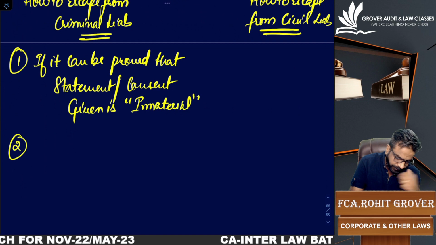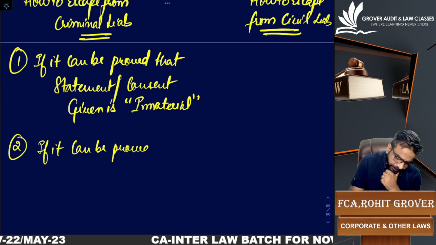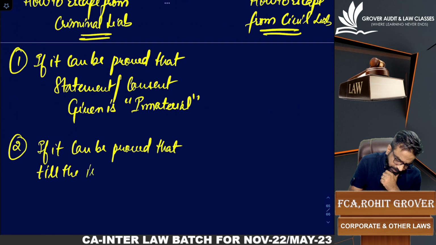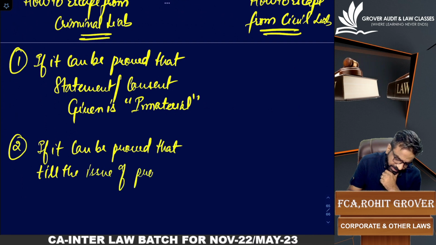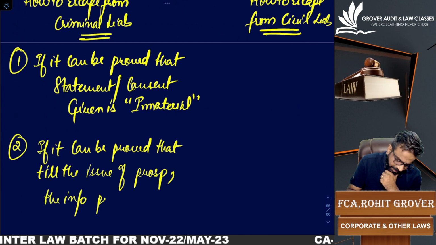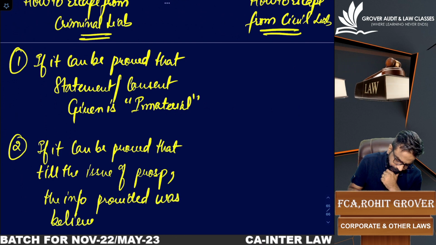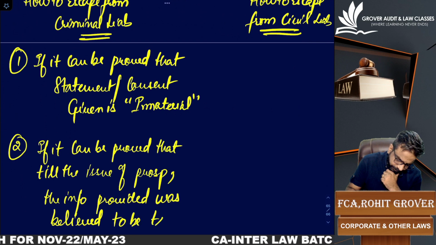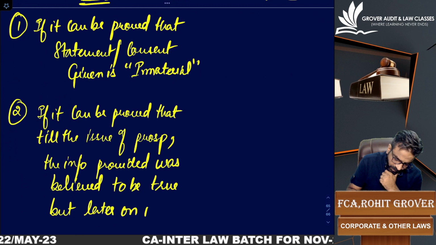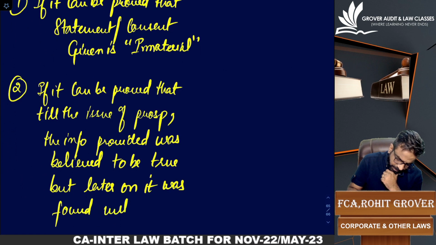Point number two, if it can be proved that till the issue of prospectus, the information provided was believed to be true, but later on it was found untrue.